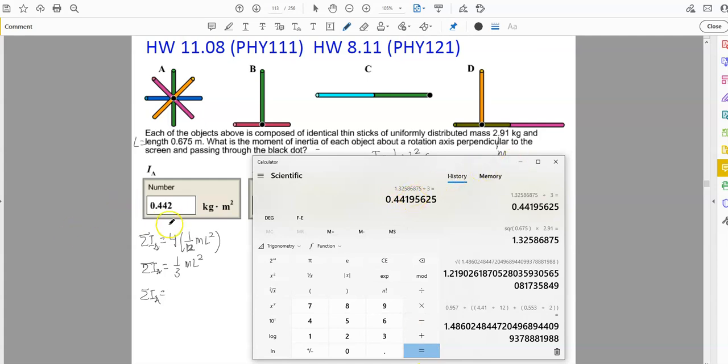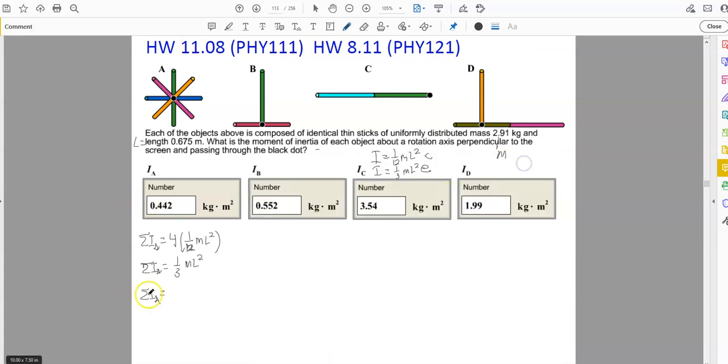That gives 0.442 kilograms meters squared, which is the unit of moment of inertia. Basically, this one is 4 moments of inertia, each being spun about the center of the rod. And that was the total at A.